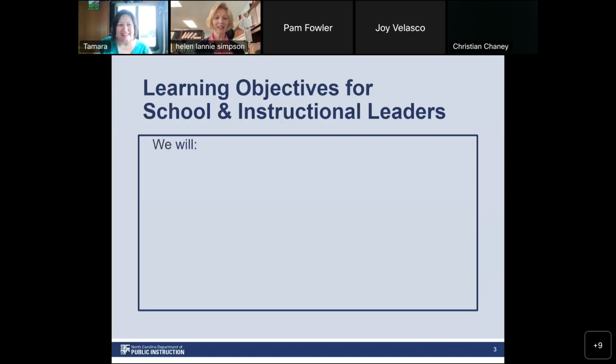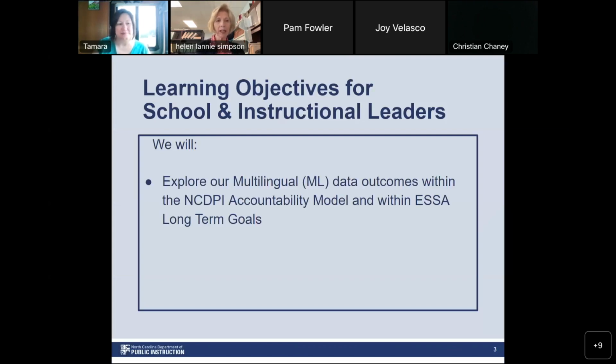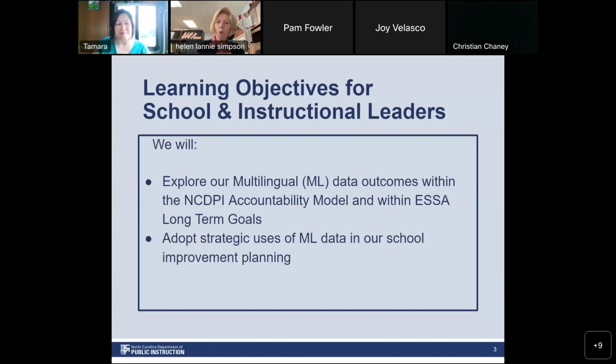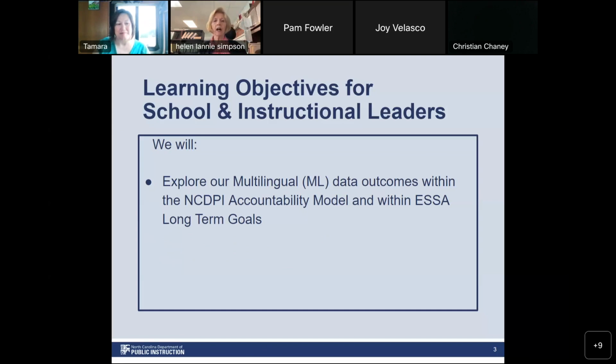Let's talk about our objectives for this morning. As Tamara has already clued you in, we are going to explore multilingual data outcomes. We felt it was important as adult learners to establish the why of why be interested in ML data and how that impacts us instructionally.